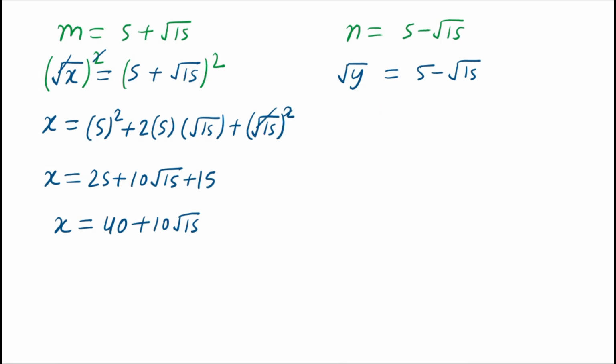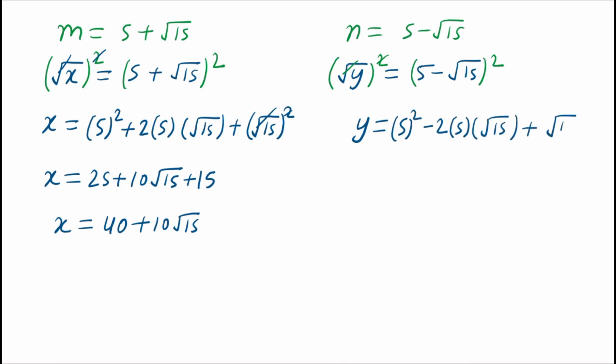Here if we take square on both sides, on the left hand side this square root is cancelled out by this square. Then y is equals to, on the right hand side we will apply a minus b whole square. This is the same as a square minus 2 times 5 times square root of 15 plus square root of 15 bracket power 2.